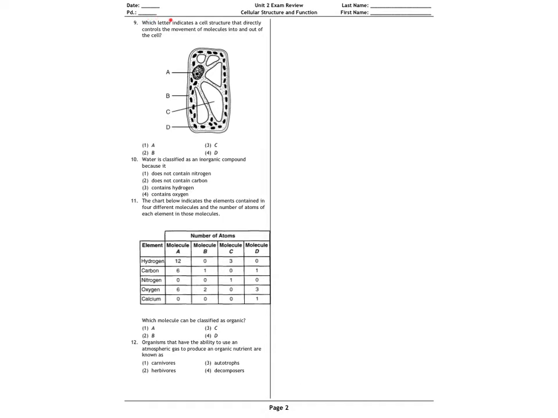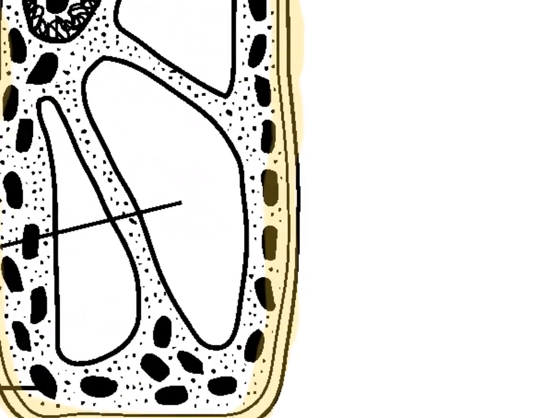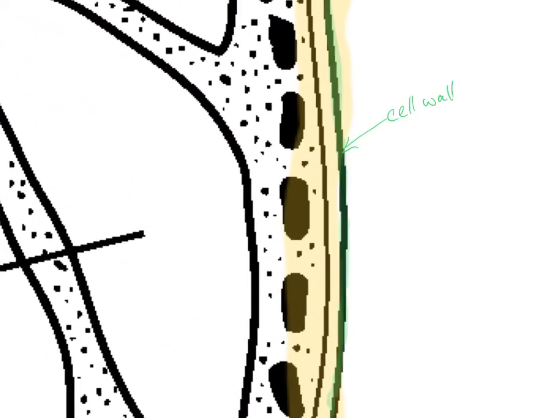So for number 9, which letter indicates a cell structure that directly controls the movement of molecules into and out of the cell? So obviously it's going to be something around the border of the cell. And I'm going to zoom in a little bit for detail on this one. So while this isn't the answer, what I've done is I've highlighted the cell wall in green, and the cell membrane, which is on the inside of the cell wall, is highlighted in blue.